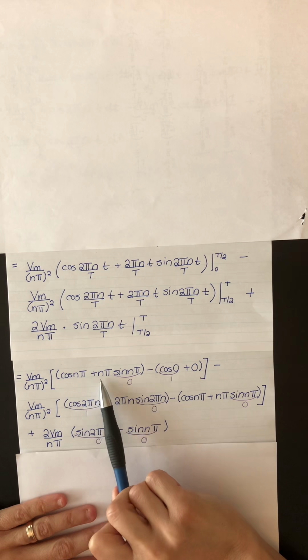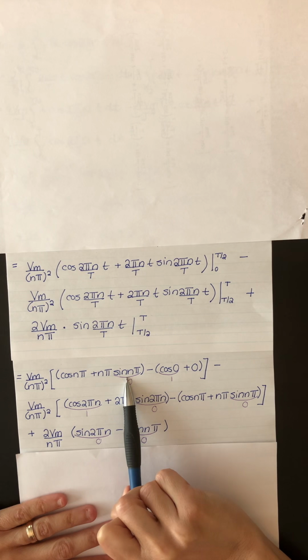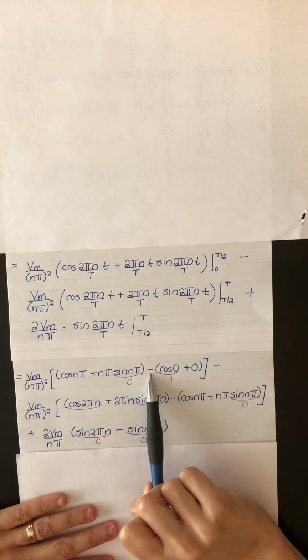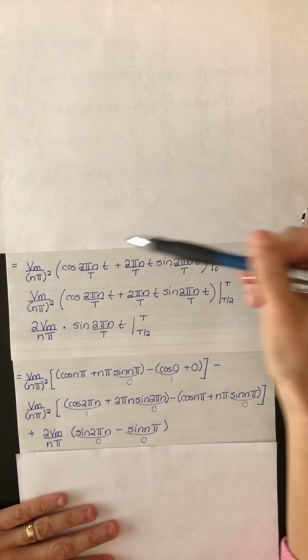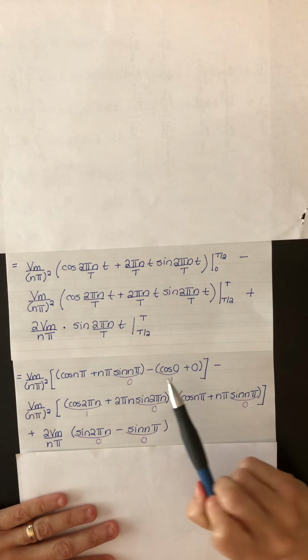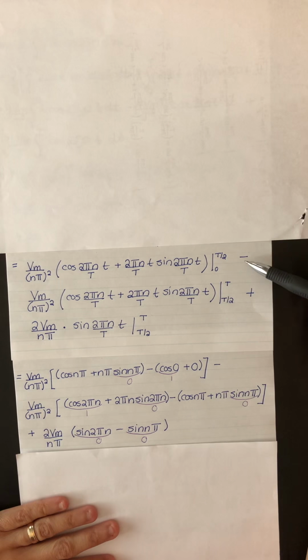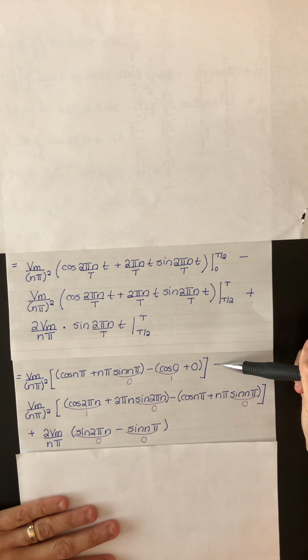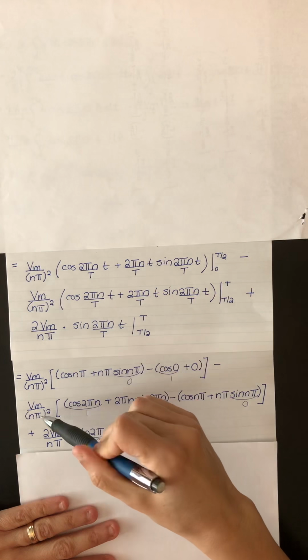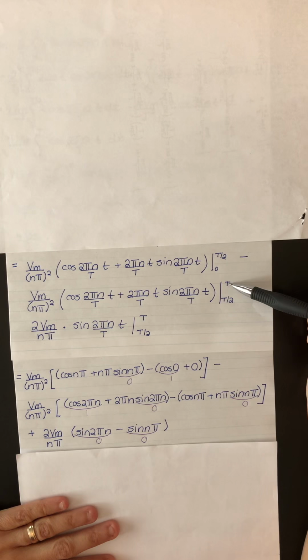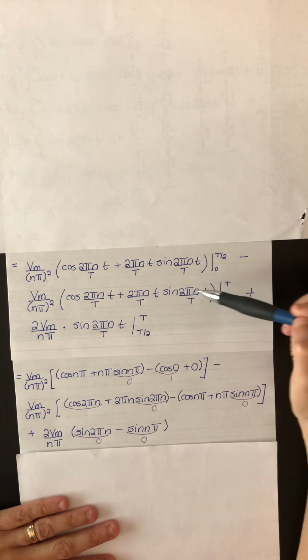Cosine n pi plus n pi sine n pi, minus, then you substitute 0 here, here, and here. Cos 0 plus 0. Minus the constant in front. And then substitute capital T here, here, and here.